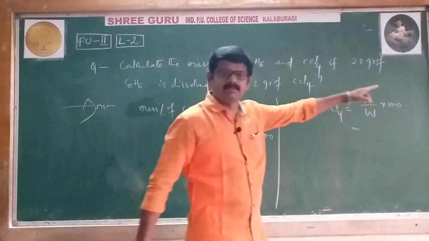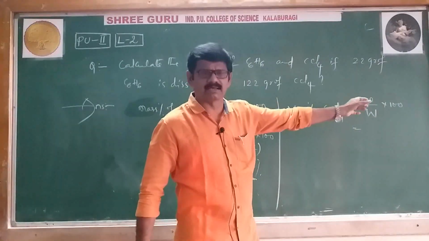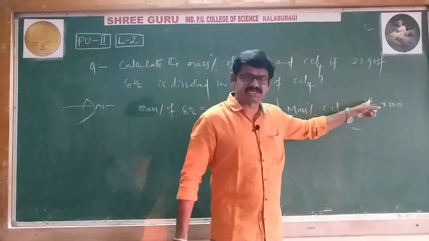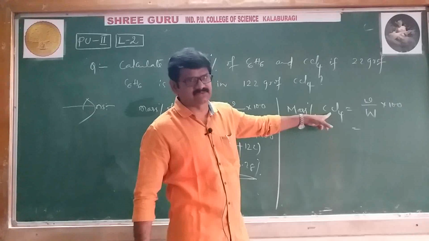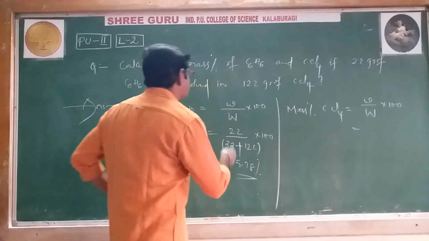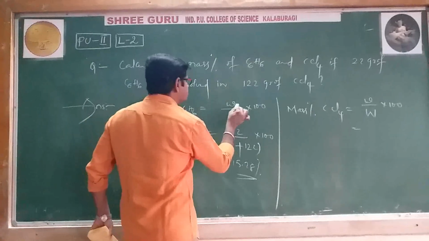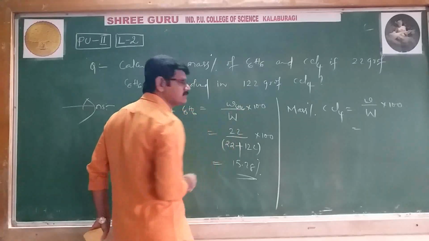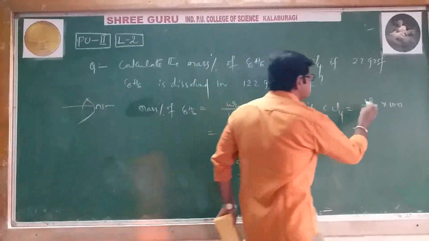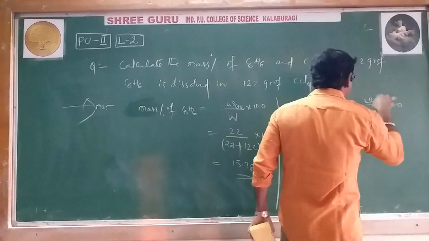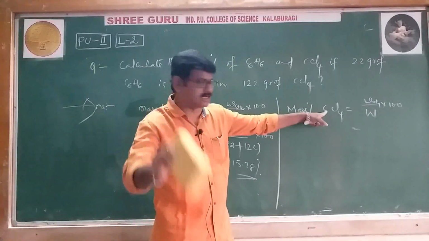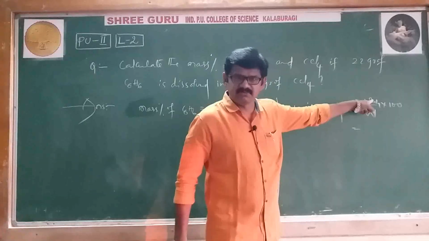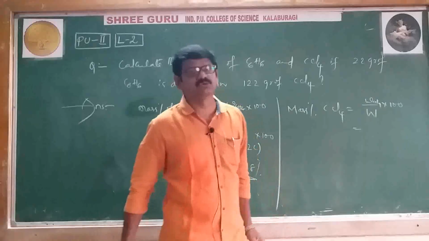Here, small w is the mass of the component whose mass percentage we are calculating, which is carbon tetrachloride.